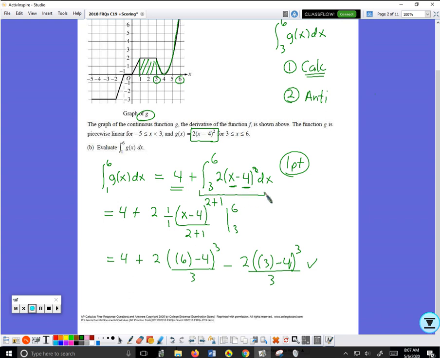That was 1 point. They gave a second point if you correctly found the antiderivative. That was just using the rule. And then they gave the third point for getting to here.